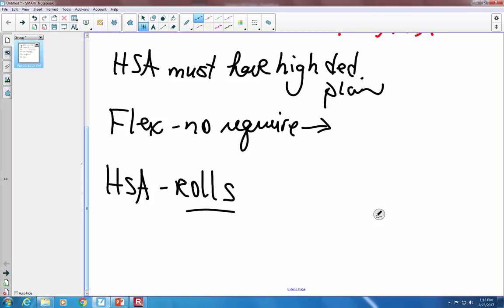Now, here's the biggie. HSAs roll from year to year. My husband started on a high deductible plan at his place of employment like 3 years ago. And so we can make a contribution to the HSA, and we do that every month. And then we don't use it 1 year. Guess what? It doesn't go away like a flex. It rolls over into the next year.